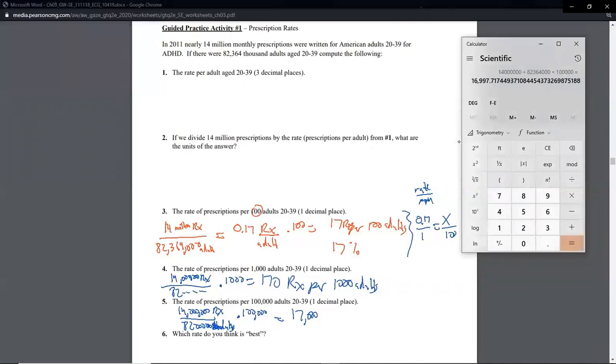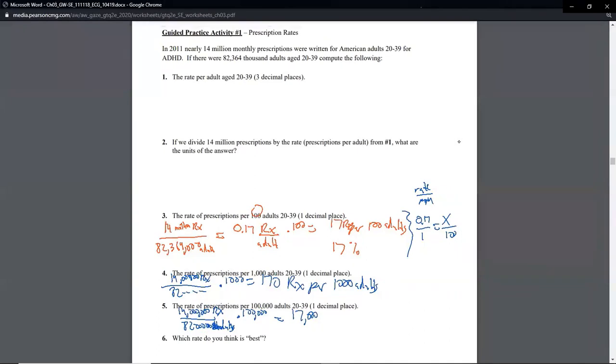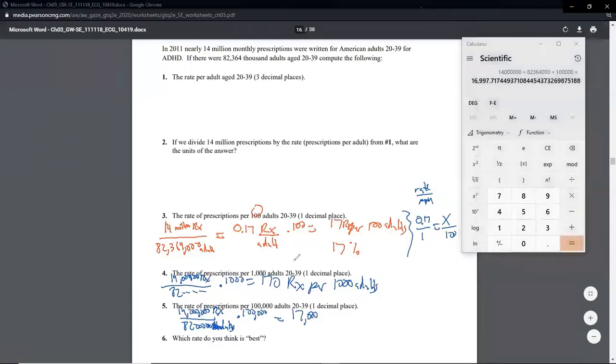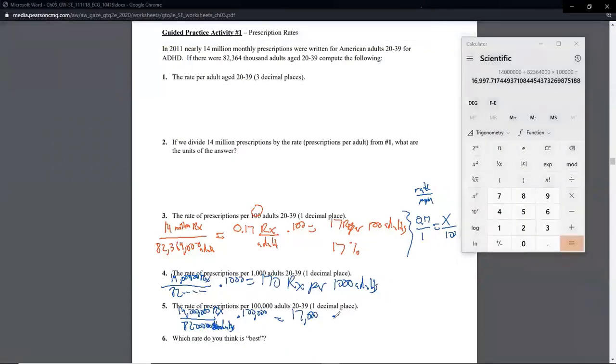So it's 16,997.7. Oops, what happened there? So a more accurate answer is 16,997.7, and that would be prescriptions per 100,000 adults.